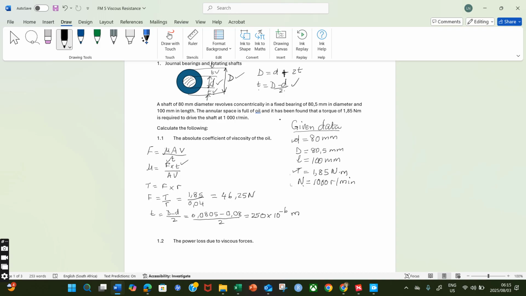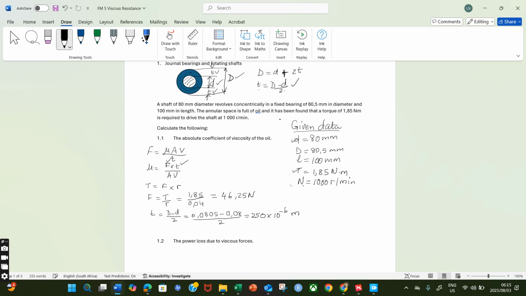In calculating the area, we need to take note that as this shaft rotates here, this film of lubricant will also be rotating with the shaft. So in this case, we need to consider that this lubricant is rotating as well.